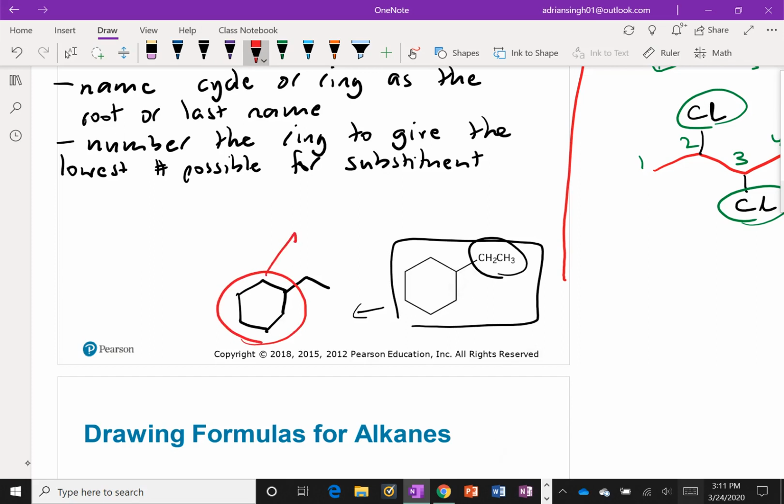So that would give us cyclo and 6 carbons, hex, all carbon-carbon single bonds, ane. Right, so ring, 6 carbons, single bonds. And now we have this group here, that substituent, which is a 2 carbon group, that's called ethyl. That's the only substituent that we have. So that's ethylcyclohexane.